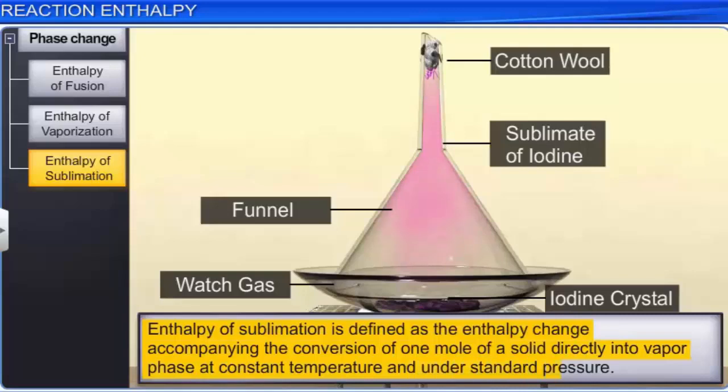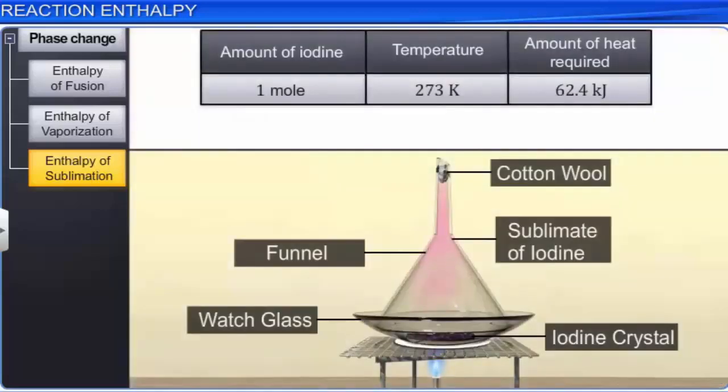For example, the amount of heat required to sublime 1 mole of iodine is 62.4 kilojoules. Thus, we can say that the molar enthalpy of sublimation of iodine is plus 62.4 kJ per mole.